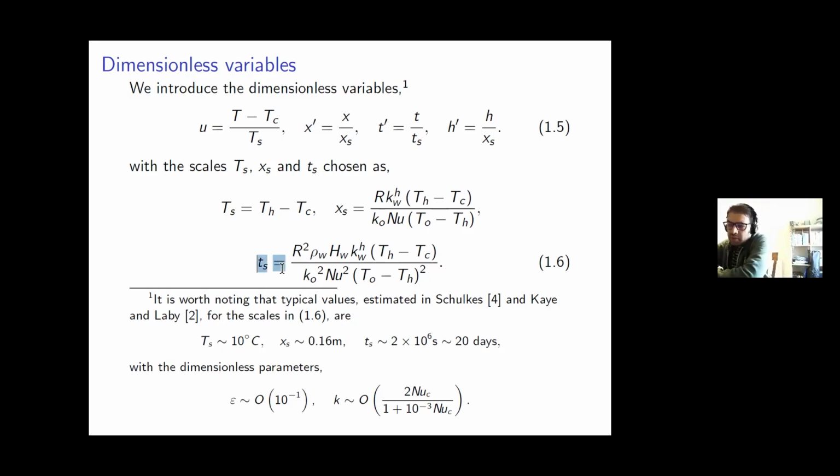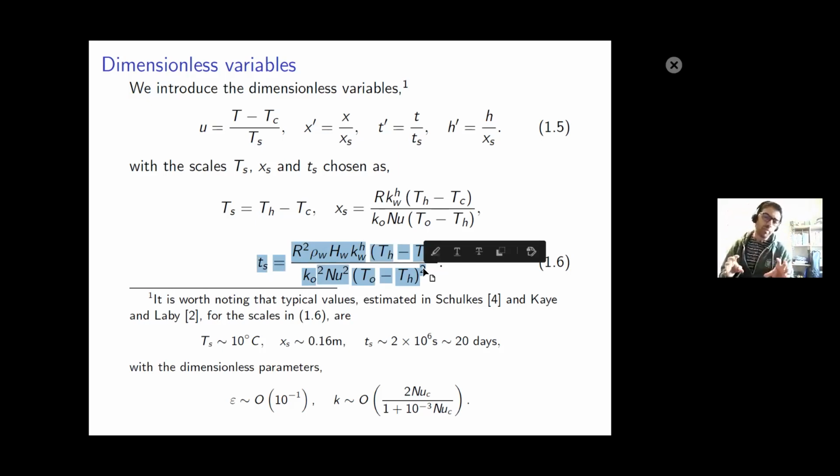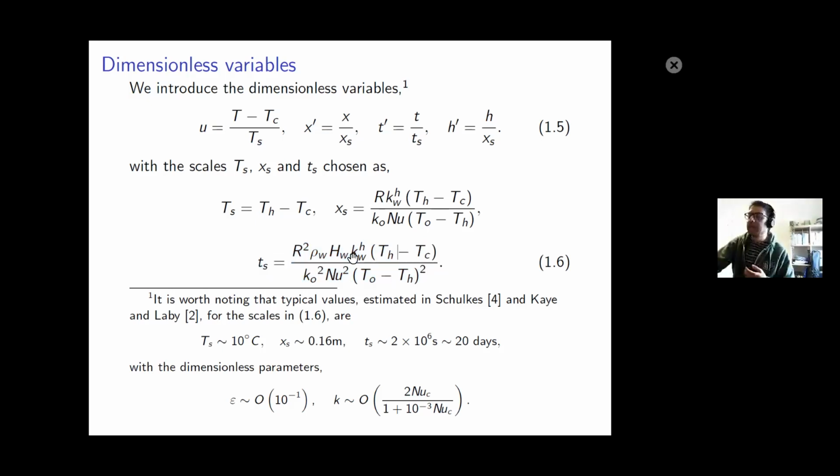The time scale that I mentioned earlier, when I was talking about how thin the pipe needed to be to make the quasi-steady state approximation, is just given here. And we note that in the numerators, we have these TH minus TC things, namely appearing in U here. And in the denominators, we have these T0 minus TH things as well. And these are consistent across these.